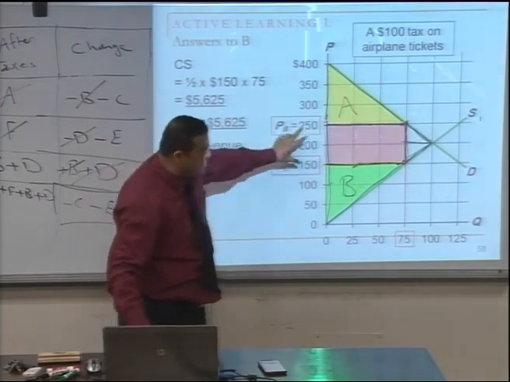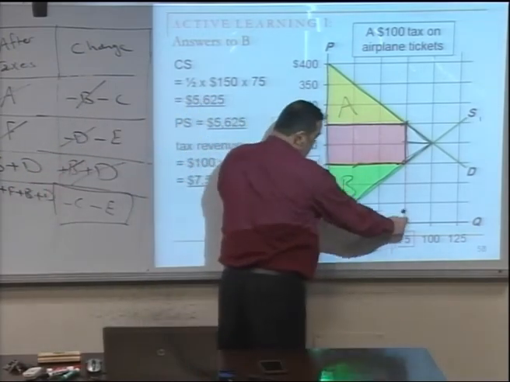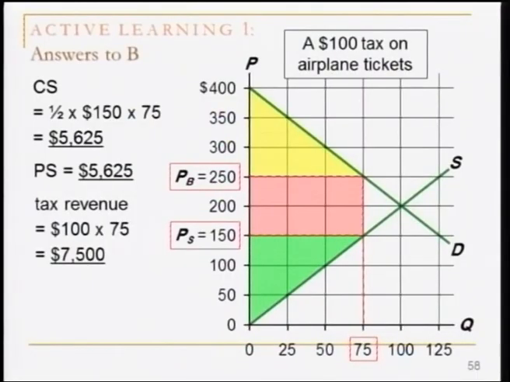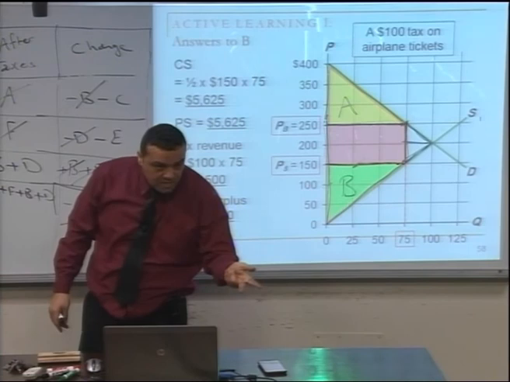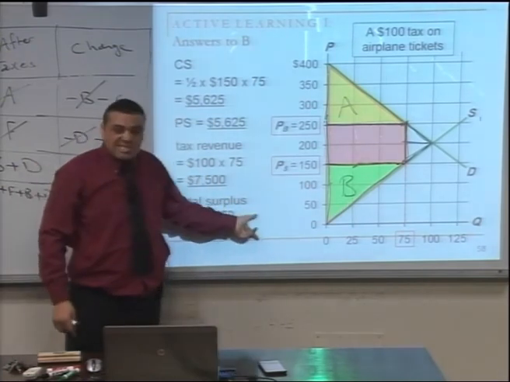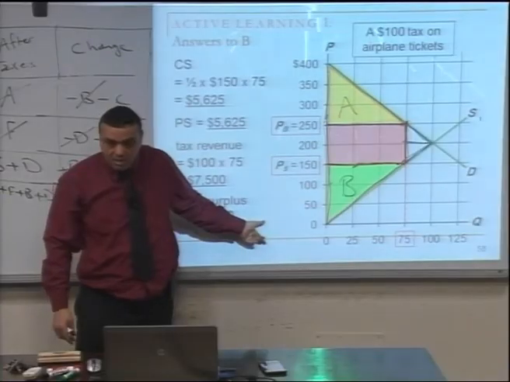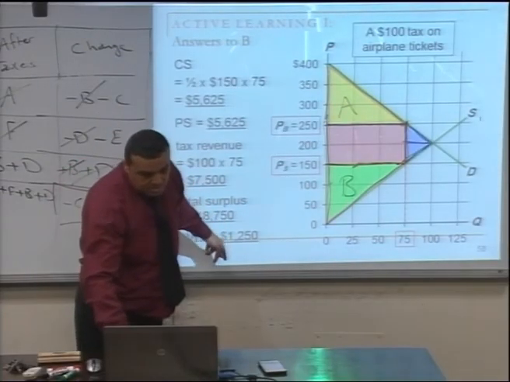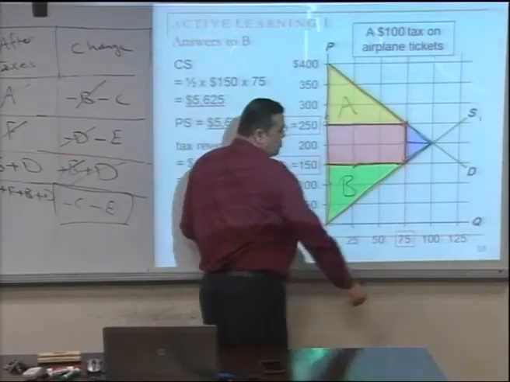The government revenue of tax equals 100 times 75 equals 7,500, and the total surplus here, as you see, is the summation of consumer surplus plus producer surplus plus government revenue of tax. This is the total social welfare for the economy. Okay? And the deadweight loss here is the summation of the area for these two triangles.